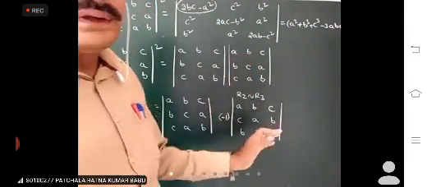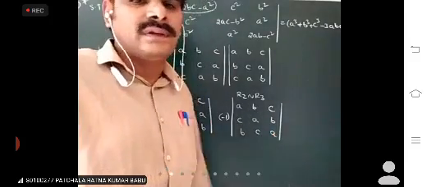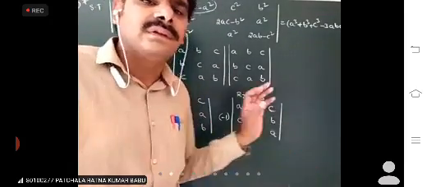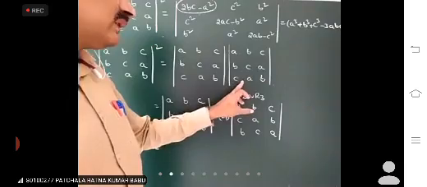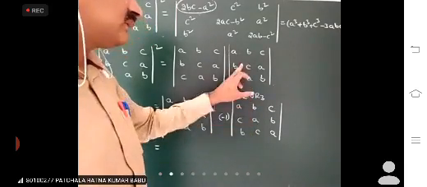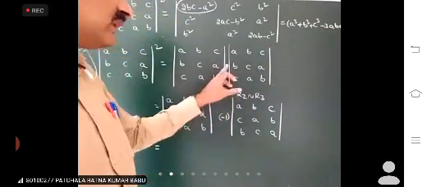Next. Observe carefully. Here we interchange the second row and third row. We know that if two rows or two columns are interchanged, then the sign of the determinant changes. So here sign plus becomes minus.